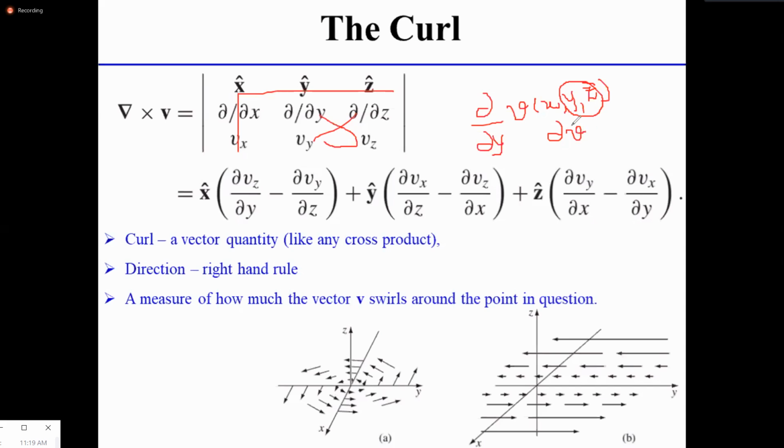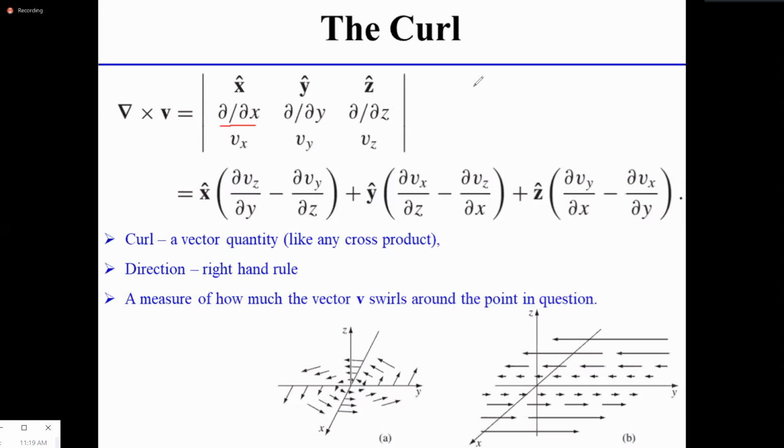You take only the derivative with respect to x, and forget about y and z, or consider them constant. So for x cap, the coefficient should be Vz into del V by del y minus Vy into del V by del z. So what is del Vz by del y?